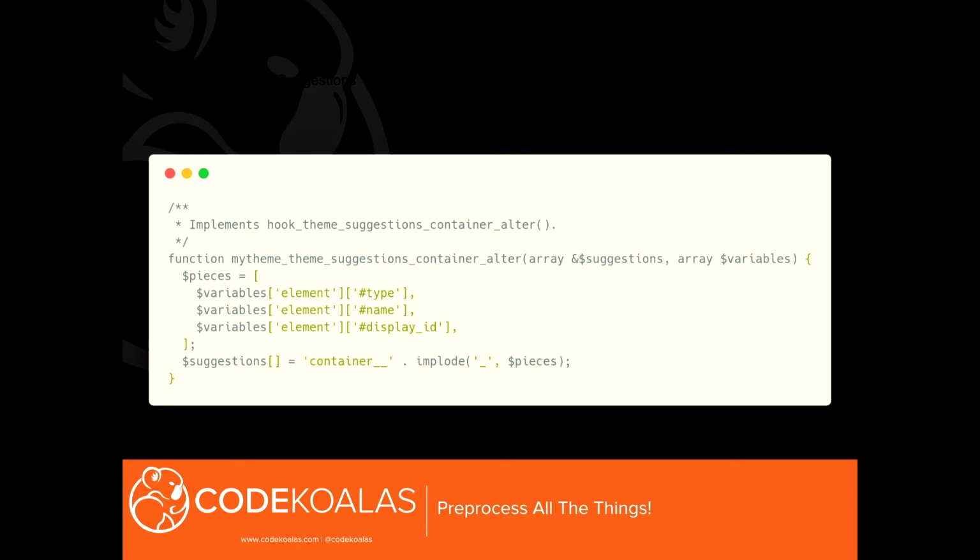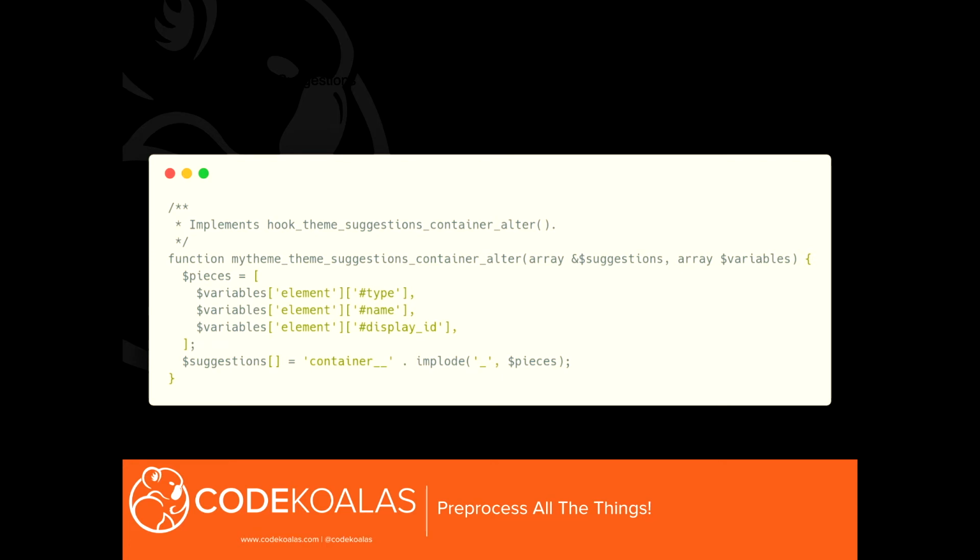So we have suggestions, we create a new key, and then do container underscore underscore, and then we throw all of these in here separated by an underscore. So then you'd have like container node food blog full. And you can get very specific, and you don't have to use pieces if you just want to say, hey, I want all these templates to have the word dog at the end of it. You can do that.